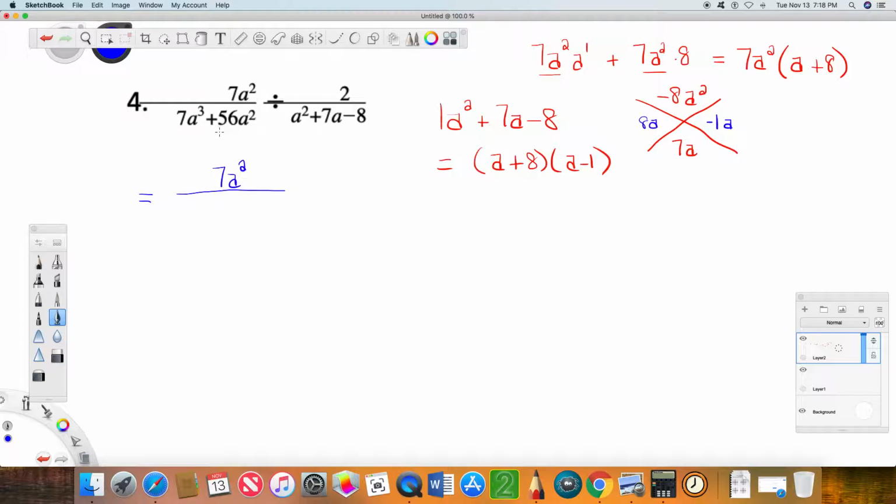All right, so let's come back over to our original problem. Our first fraction, the numerator was 7a squared. We just left that alone. The 7a cubed plus 56a squared, I factored that up here, and that factors to 7a squared times a plus 8.